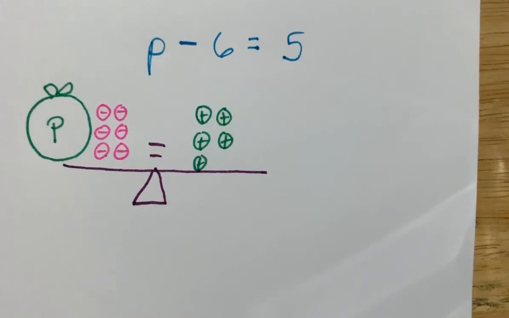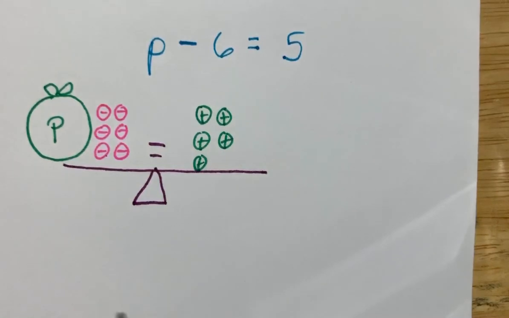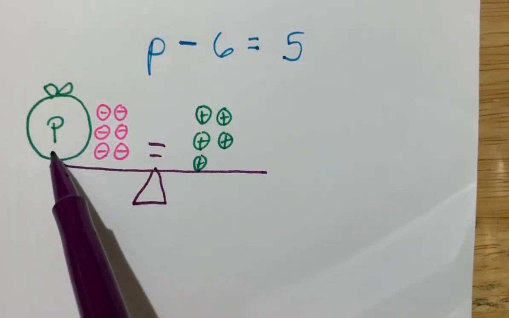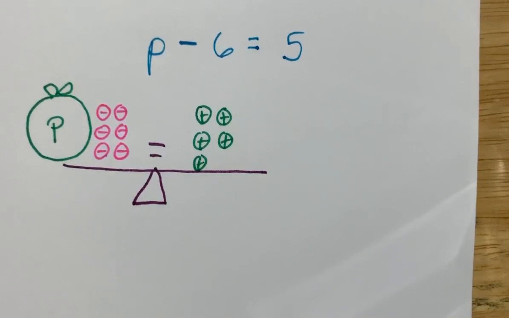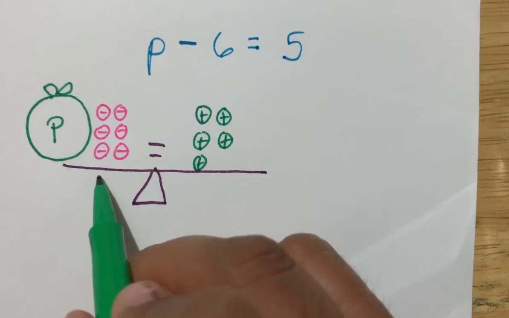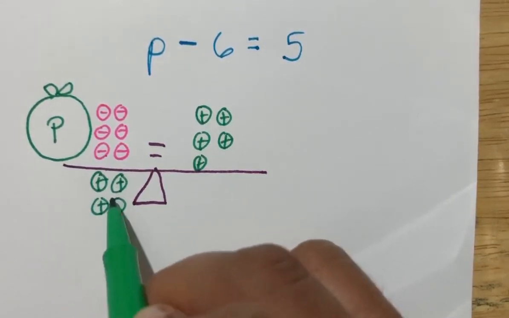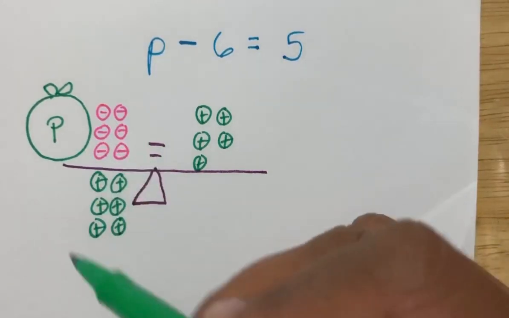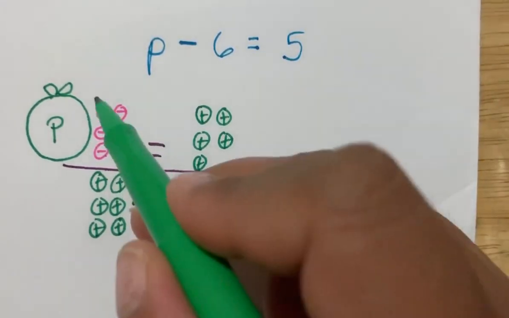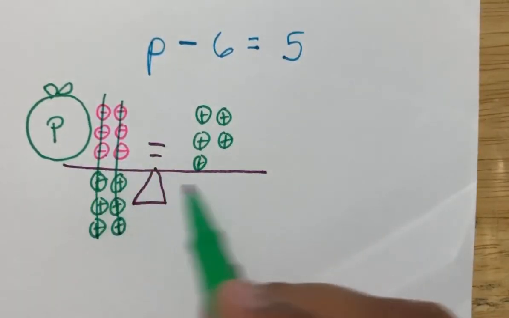Okay, and so again, the goal is to figure out how much is inside the pouch. So to figure out what's inside the pouch, I need to get rid of these 6 negatives. And so to get rid of 6 negatives, you got to add 6 positives. And so these guys are going to cancel out, but you got to keep your balance beam balanced.